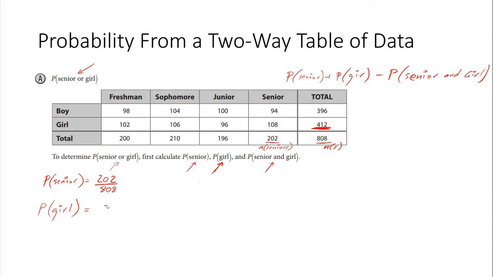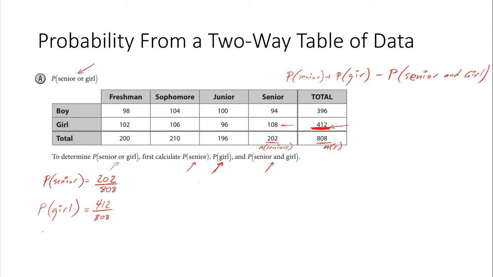I'm thinking seniors still, but in reality, I'm just thinking about girls. I'm not focused on the senior aspect of it now. I'm looking at the total number of girls. So we actually have 412 total girls out of, again, our sample set, which is 808. And I can reduce, but for right now, I'm not going to. I'm just going to leave it like that so we can do some computation later.